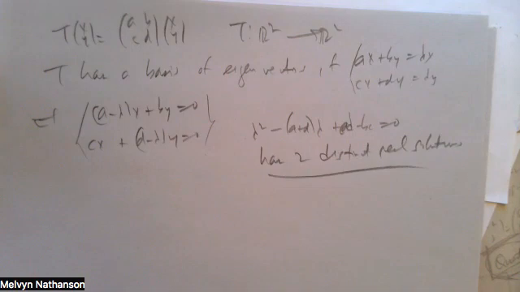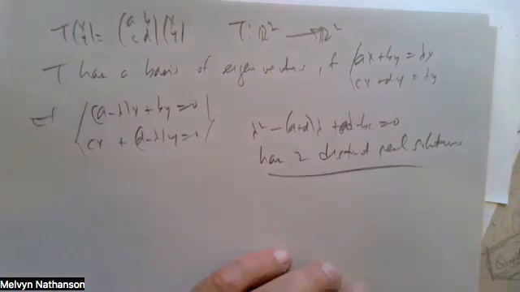So whenever this quadratic equation has two distinct real solutions, in that case, we are 100% certain that we have a basis of eigenvectors for our vector space.